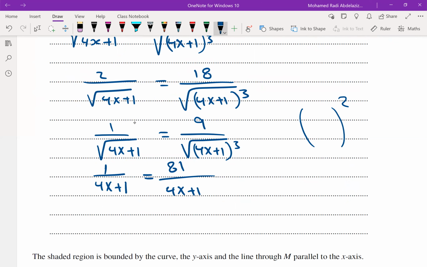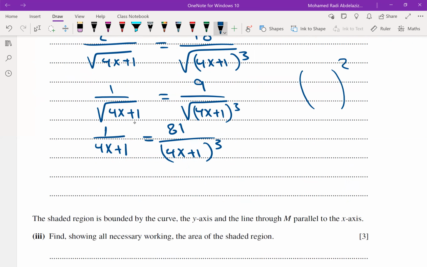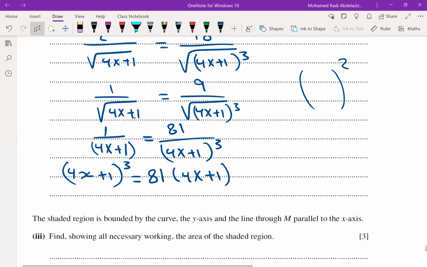Cross multiplication, you can remove 4x plus 1 from both sides, since it may not represent a solution. If you use cross multiplication and simplify, you will get 4x plus 1 all to the power of 3 is equal to 81.